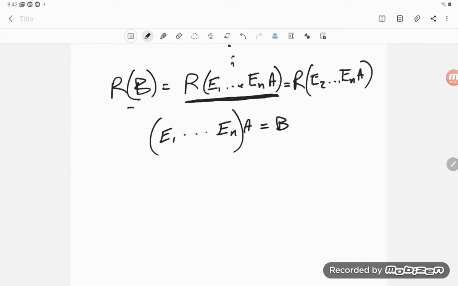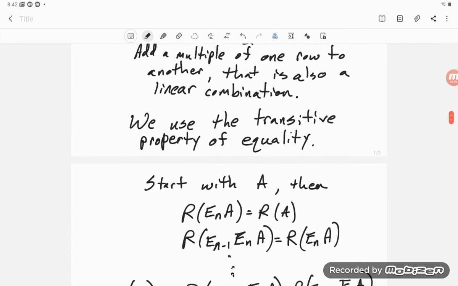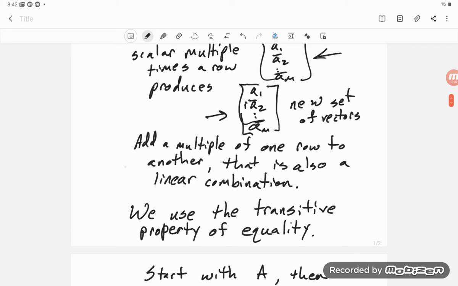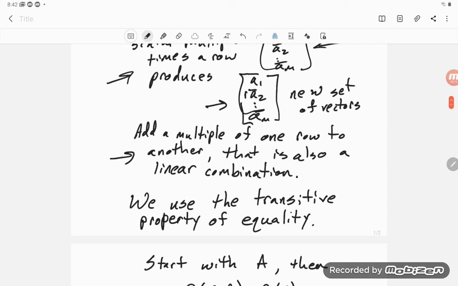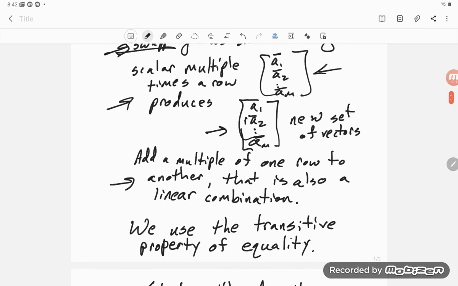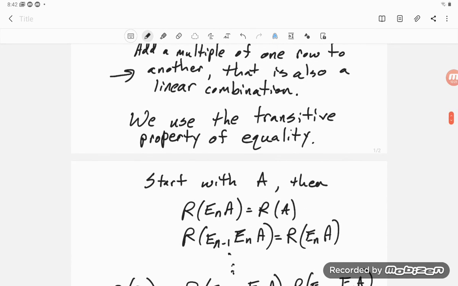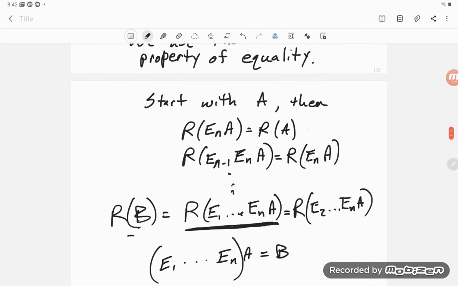Well, that's a little harder. I can tell you that each of these either does nothing, as in the case of swapping rows, or is really just a linear combination of the previous matrix rows that can also be undone in the other direction, so things go both ways for any given row operation.